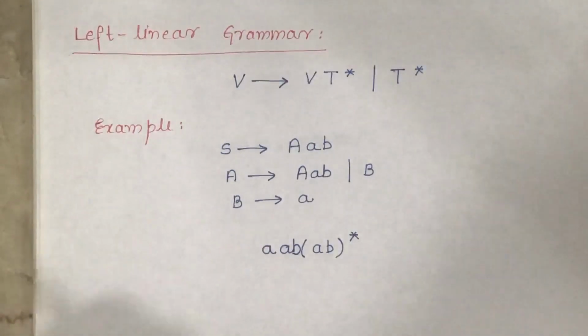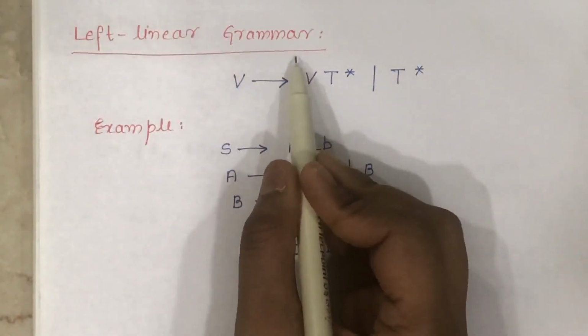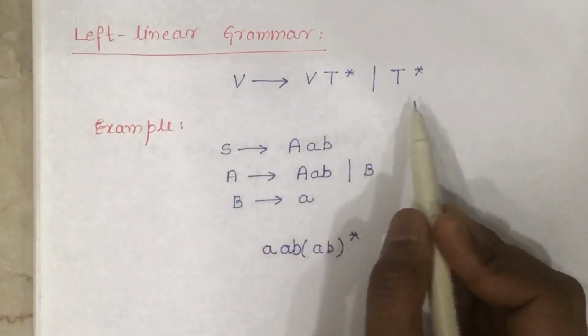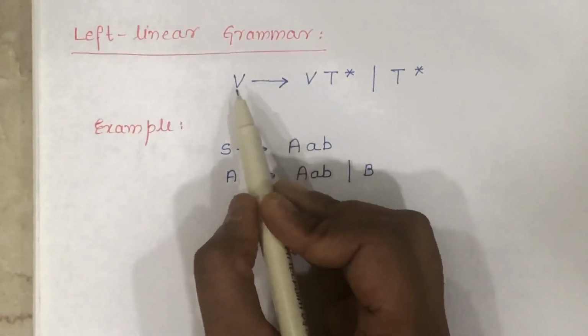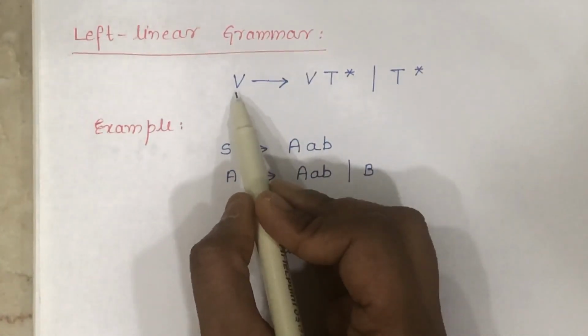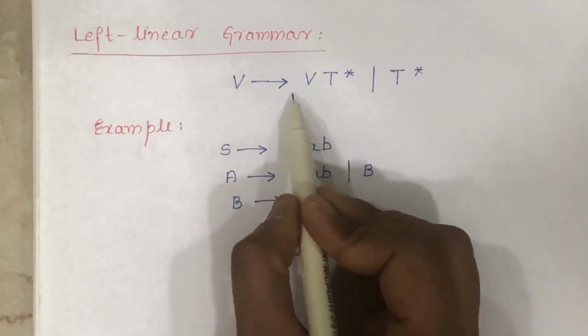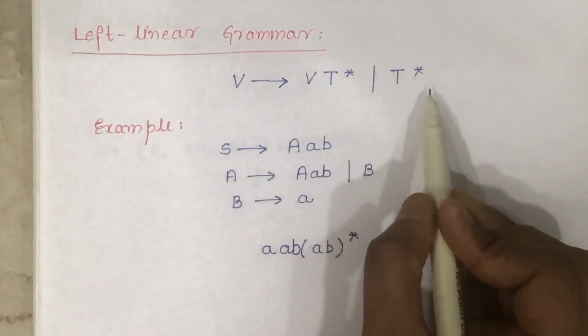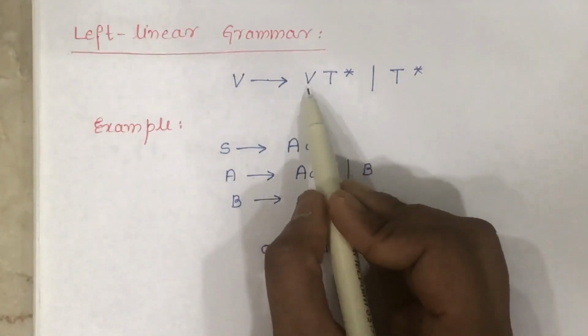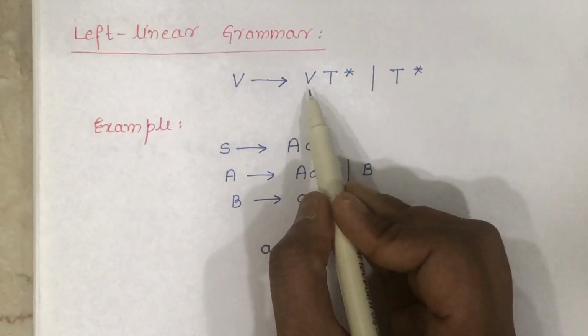Now the next grammar is left linear grammar. So the production rule for left linear grammar is, on left hand side of the production there will be only one non-terminal, and on right hand side of the grammar there can be at most one non-terminal, and that should be situated at the leftmost position.